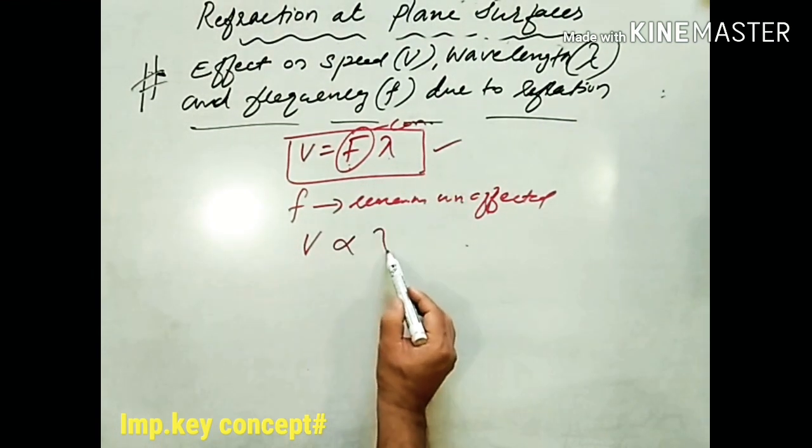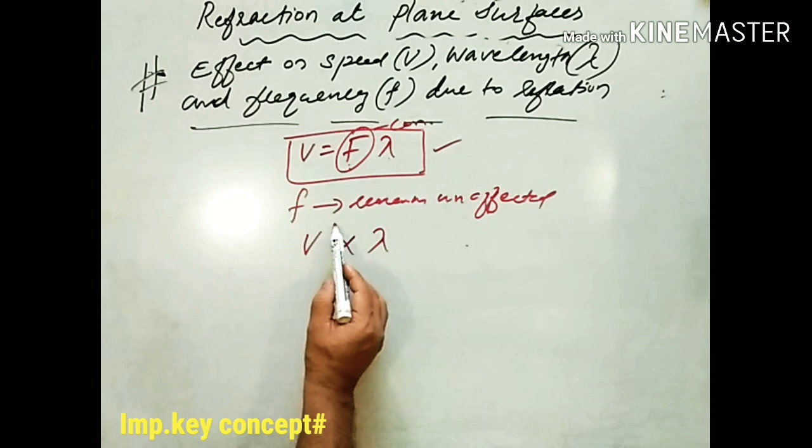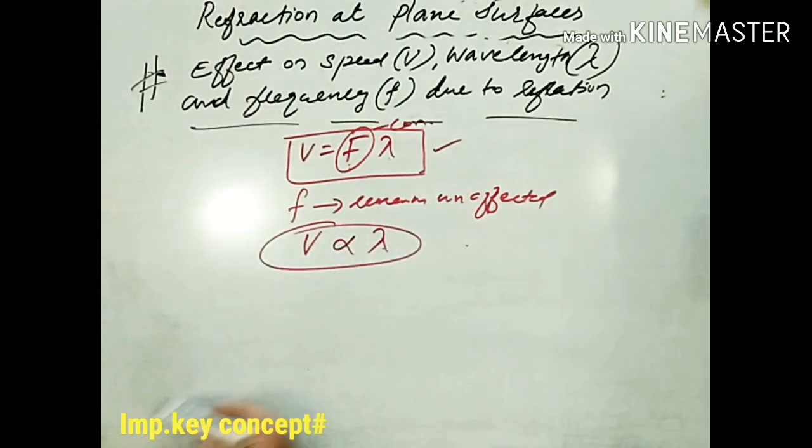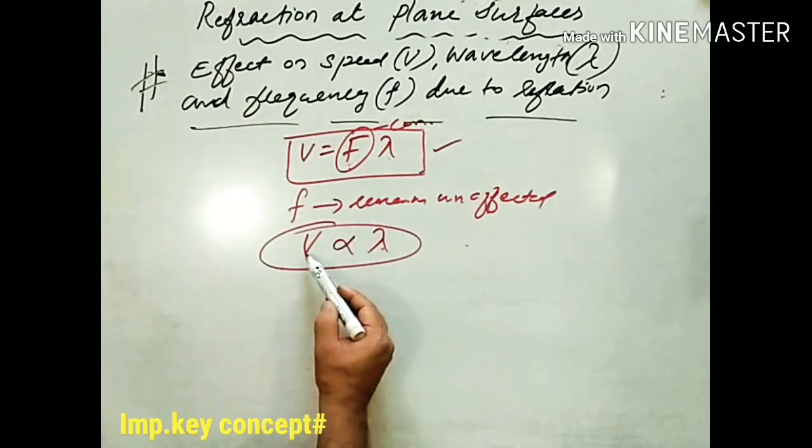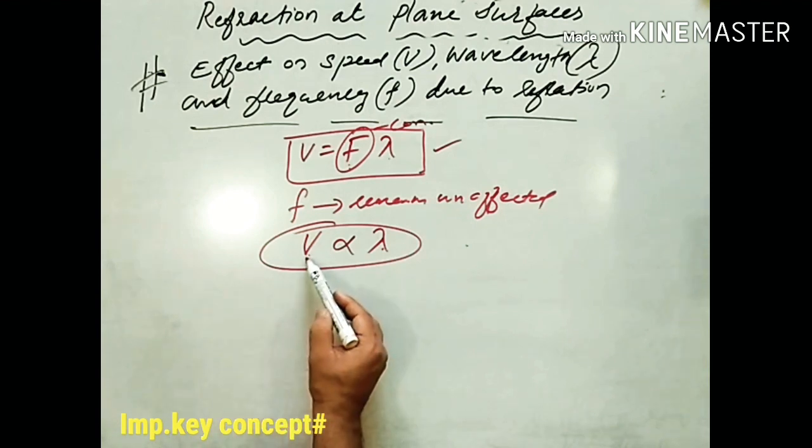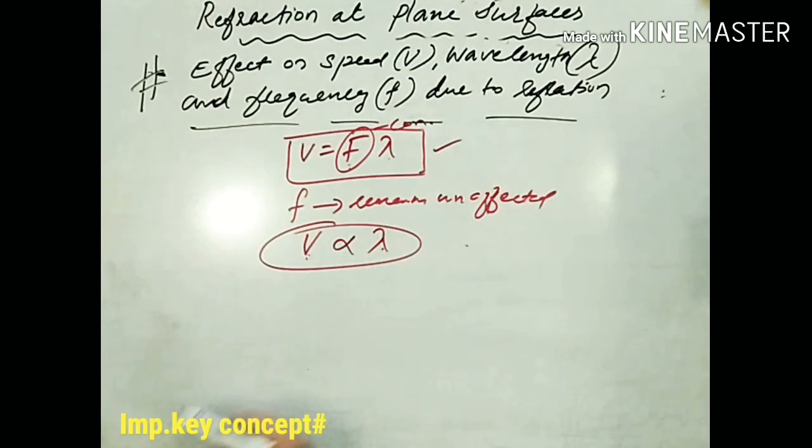Velocity is directly proportional to wavelength. The speed of light is directly proportional to wavelength. The more the wavelength, the more will be the velocity. The more the velocity, the more will be the wavelength. Or the lesser the velocity, the lesser will be the wavelength. So when light passes from rarer to denser medium, what happens? The speed decreases.